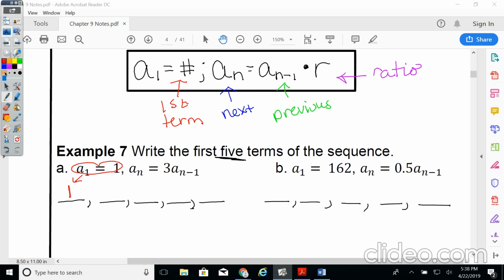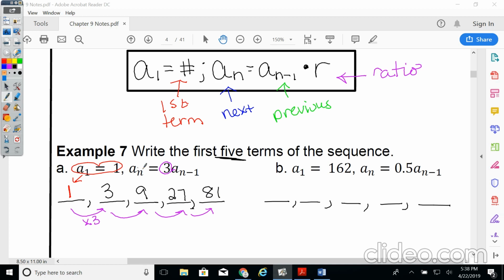To get the other ones, we consecutively multiply by the ratio. In this case, the ratio is 3. So times 3, and we get 3. Multiply 3 by 3, and we get 9. Times 3 is 27. Times 3 is 81.